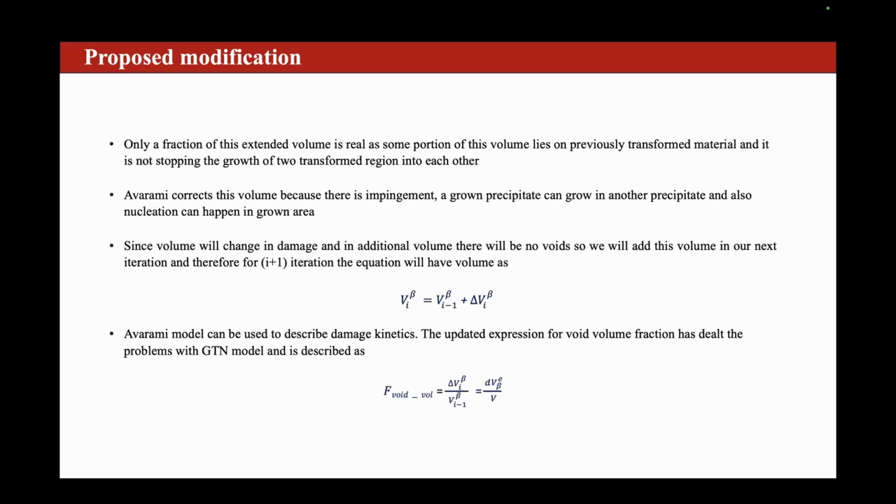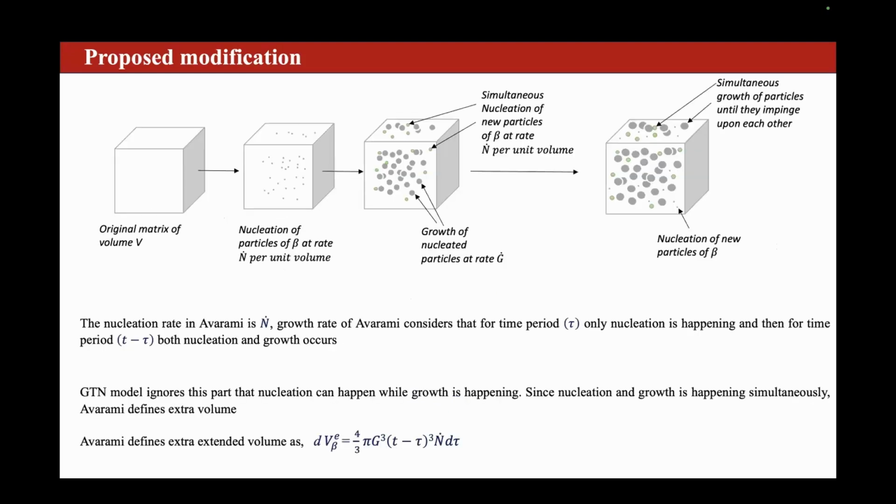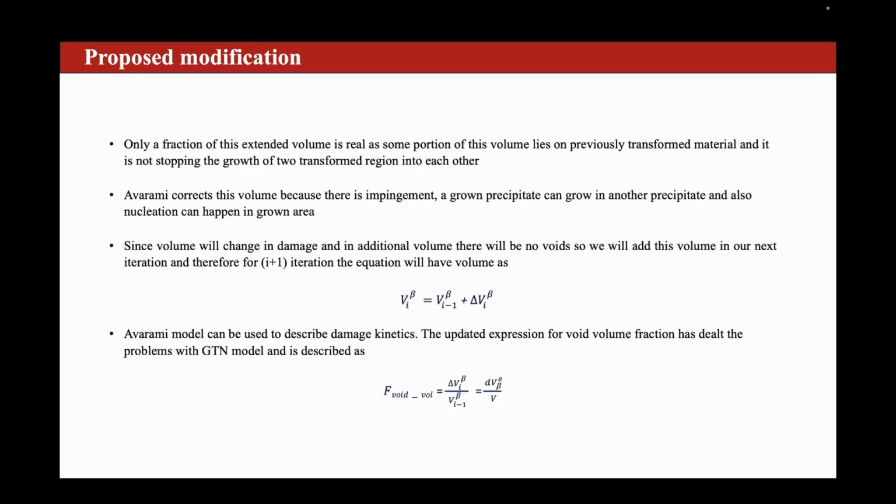Also, if you look into it, there is some volume on which growth has already happened. So only a fraction of this extended volume is real. Some part of growth is occurring in already grown area. So Avrami corrects his defined extended volume expression.